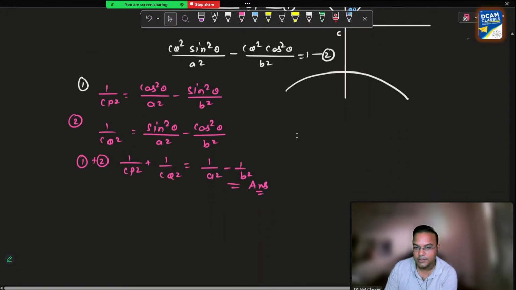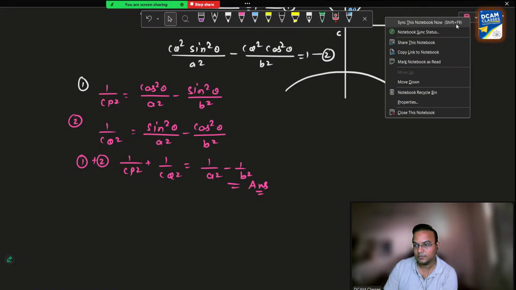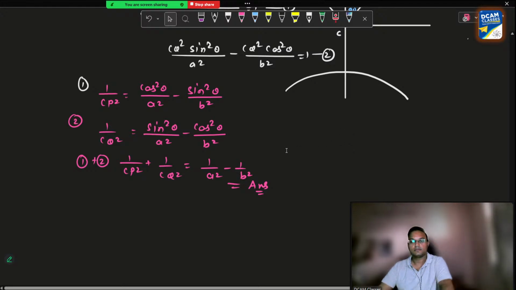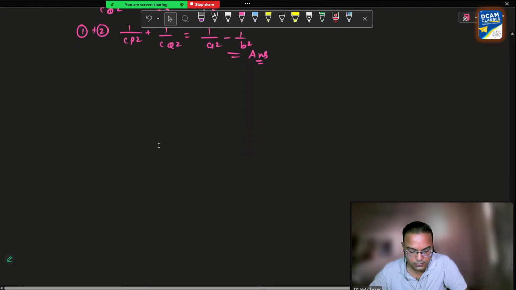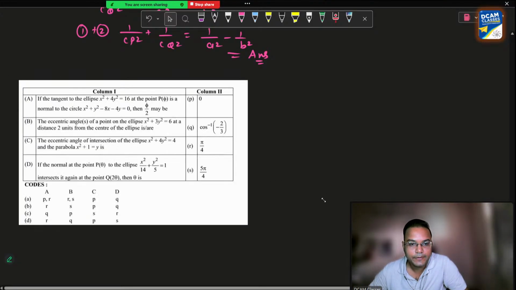Is this medium level, easy level, or tough level? Definitely not tough. Easy, very easy. It was of mains level, not advanced. Try attempting this.